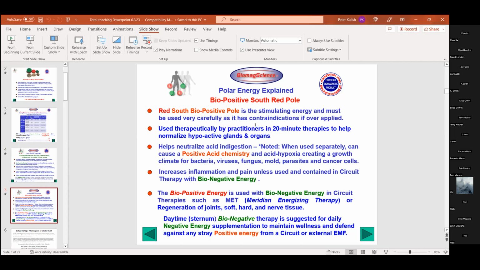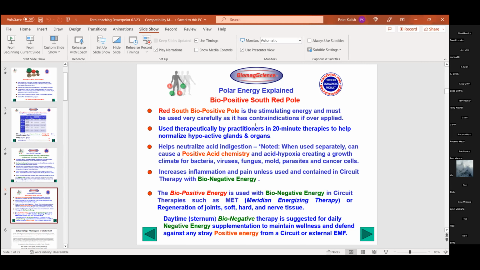Okay, well, the positive pole stimulates energy. It also is useful for those practitioners who measure the hypo or hyperactive glands and organs of an individual. And if they are in a hypo state, the practitioner will use the positive side of the magnet to try to normalize the gland or organ in generally 20-minute segments.